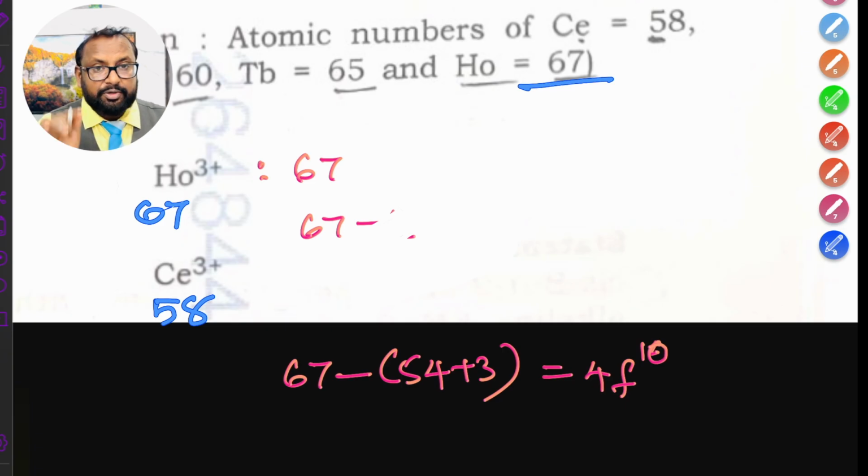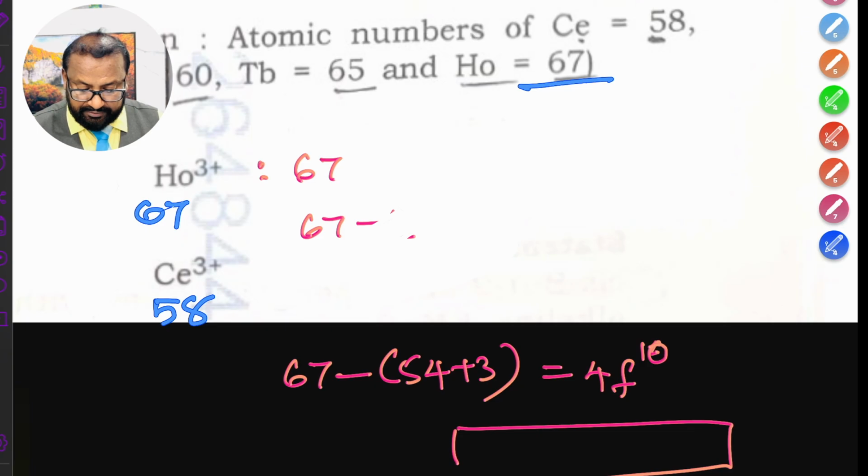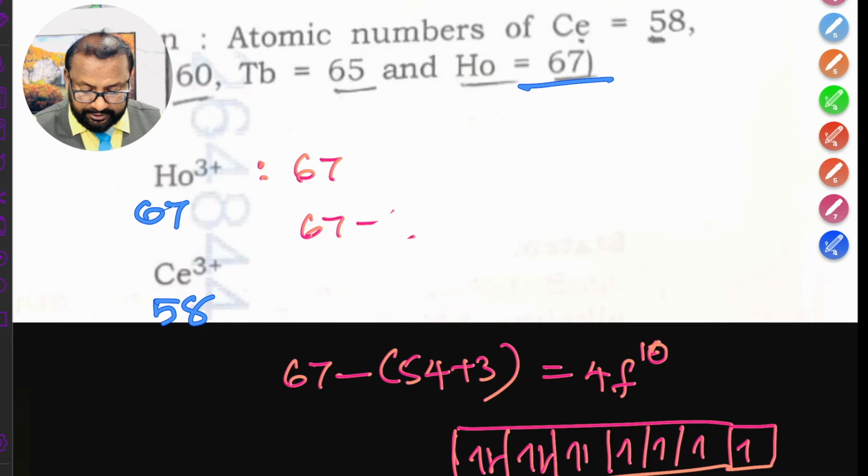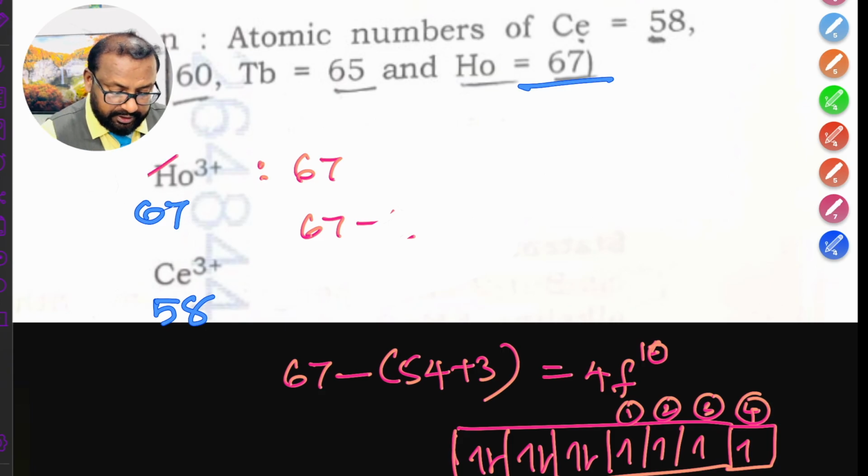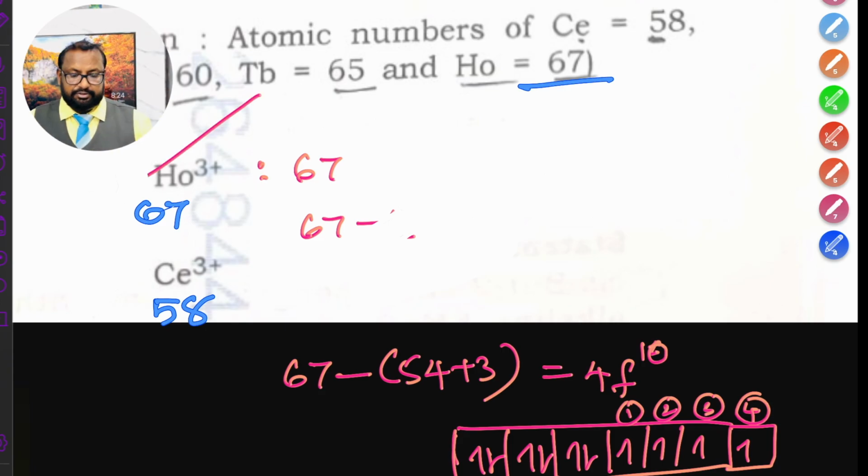But the question is about unpaired electrons, so you have to distribute these 10 electrons in 7 f orbitals. There you get the answer. So 1, 2, 3, 4, 5, 6, here is 7, here is 8, 9, 10. So here you have 4 unpaired electrons. Holmium is the answer for that question.